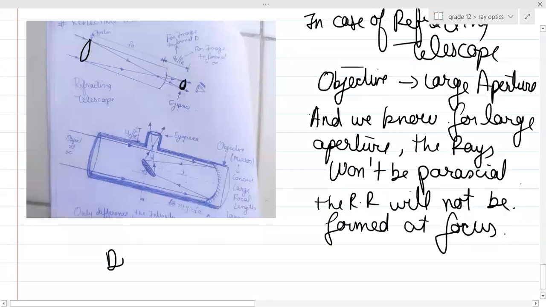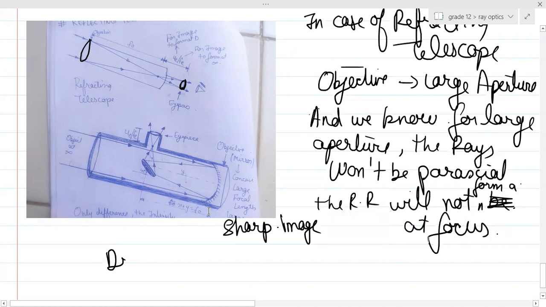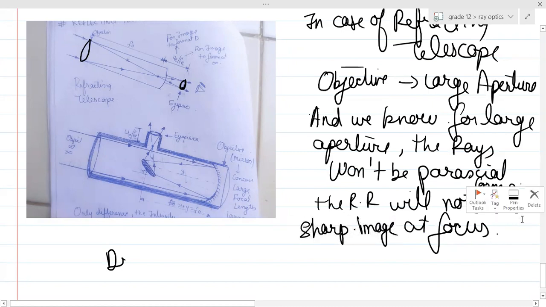Due to this, the refracted rays will not form a sharp image at the focus. Yes or no?